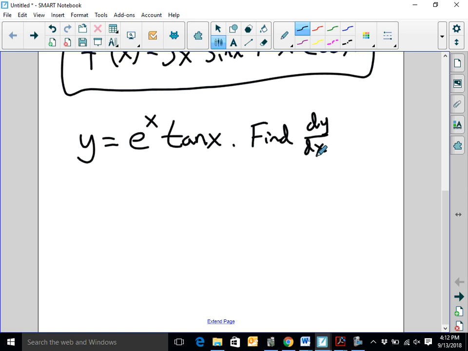Again, we know this is going to be a product rule problem because I have two different functions that are multiplying together, e to the x and tangent of x. So go ahead and pause here, try to find dy dx, and let's check back in a second. Okay, we're back.